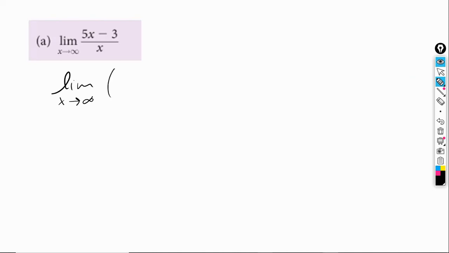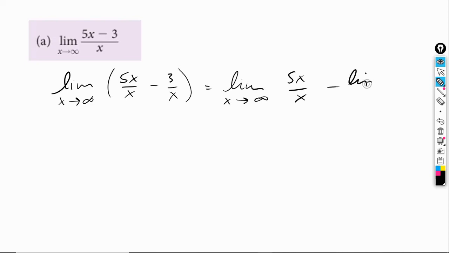And then let's rewrite this as 5x over x minus 3 over x. And then we can use the properties of limits to say that this is the same as the limit as x approaches infinity of 5x over x minus the limit as x approaches infinity of 3 over x.